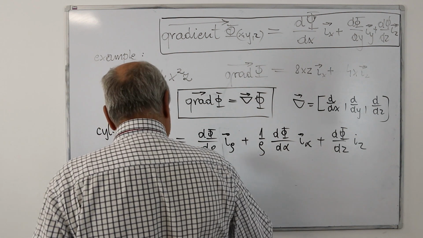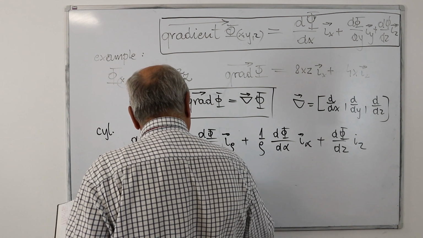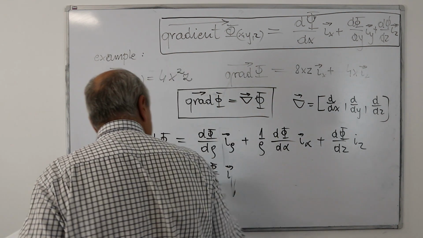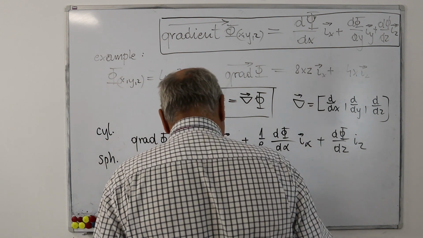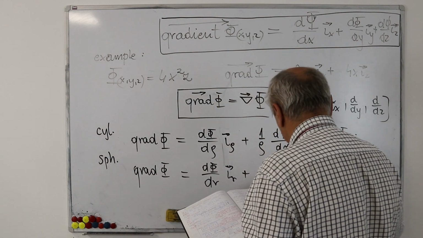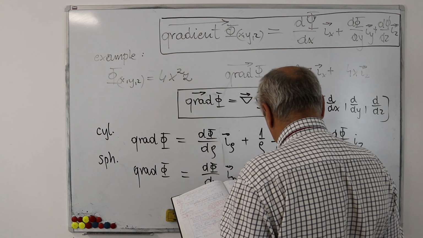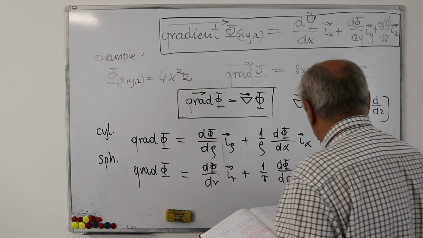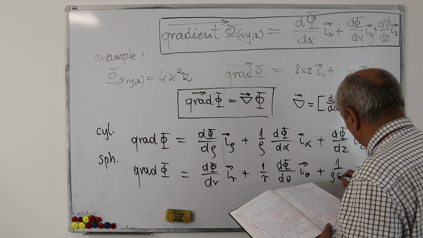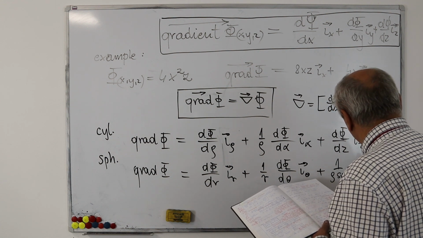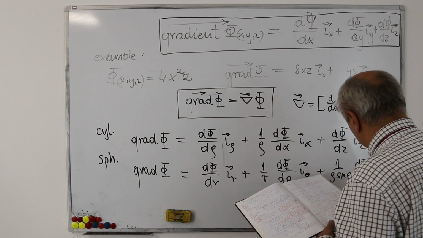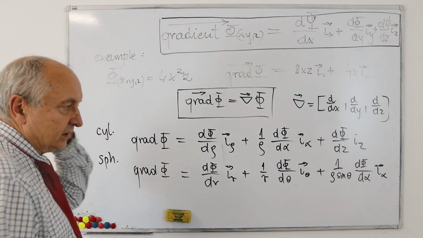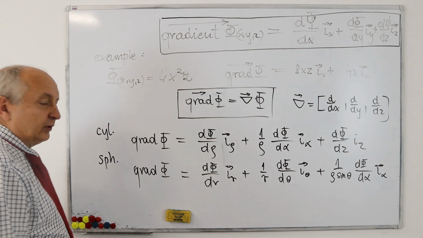We can calculate it from the partial derivative of phi with respect to r, and this is in the spherical coordinate system.